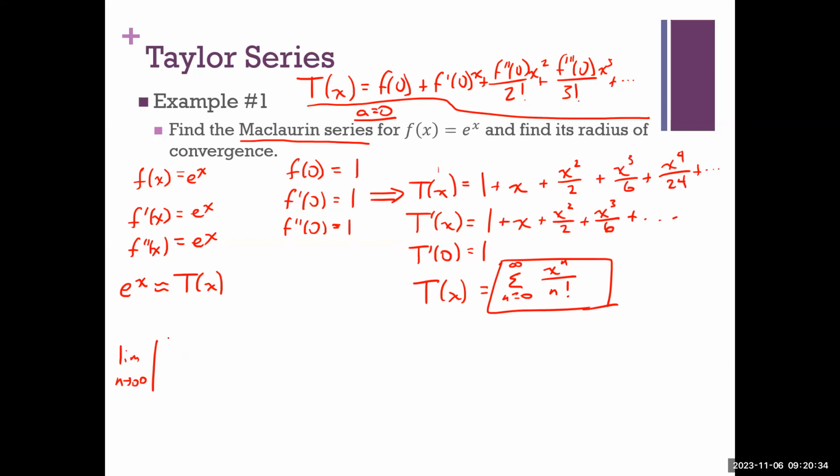But because of that, I can do the ratio test. So x to the n plus 1 over n plus 1 factorial, all over x to the n over n factorial. How does that simplify? Absolute value of x.